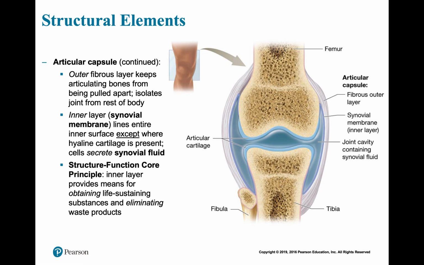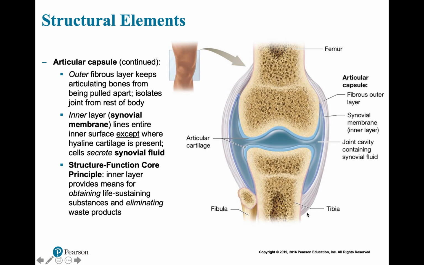One of the things the book talks about is isolating the joint from blood vessels that could be around here. If blood vessels ran through this joint cavity, anytime we were standing or our knee moved, the joint would compress and block off those vessels, potentially damaging them. So we don't want joint cavities to have blood vessels running through them.